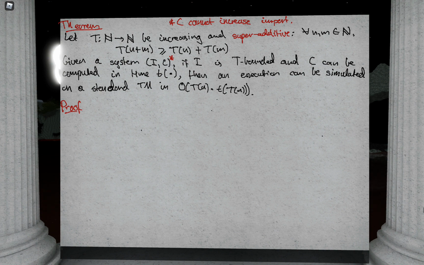So, claim: the number of configurations in an execution of I C is at most T of n, where n is the initial input. Remember that an execution is a sequence of activations, which is a sequence of configurations.